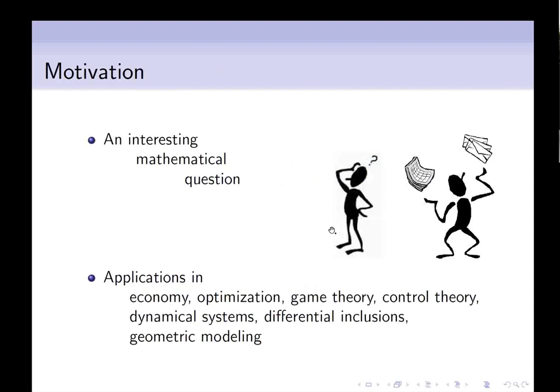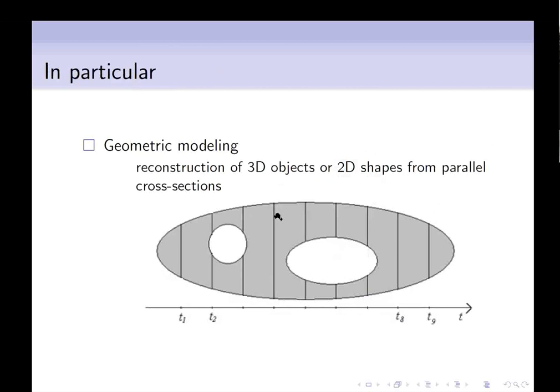So two words on motivation. In addition to the theoretical interest of this subject, various applications can be found in economics, optimization, game and control theory, and differential inclusions, also in geometric modeling. For example, in geometric modeling, approximation of set-valued functions is related to the problem of the reconstruction of 3D objects and 2D shapes from parallel cross sections.